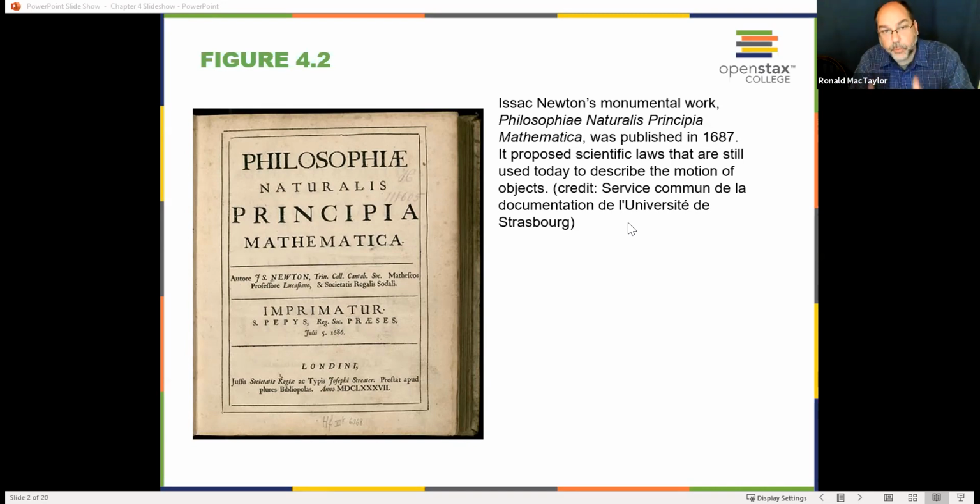He's been credited with putting together an understanding of how things work, at least on a relatively large scale. I think I mentioned before briefly, when you get really, really small, Newtonian mechanics stops working and you jump into the world of quantum mechanics, where the rules are a little bit different.